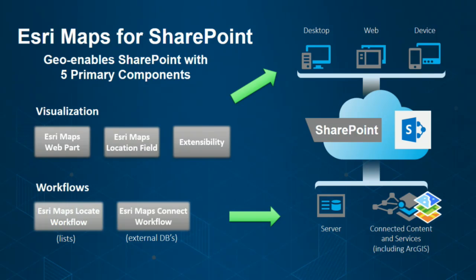The next thing I want to talk about are workflows. Those are things going on in the background. Those are the back-end processes that work to geo-enable your lists. The Esri Maps Locate workflow works directly on lists.